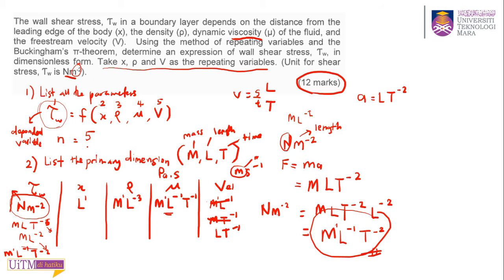Go to the next page. So the third step is finding your number of pi. Calculate the number of pi that you will generate, using this equation k equals n minus j. K is the number of pi that you want to calculate. N is 5, you already mentioned here n is 5.